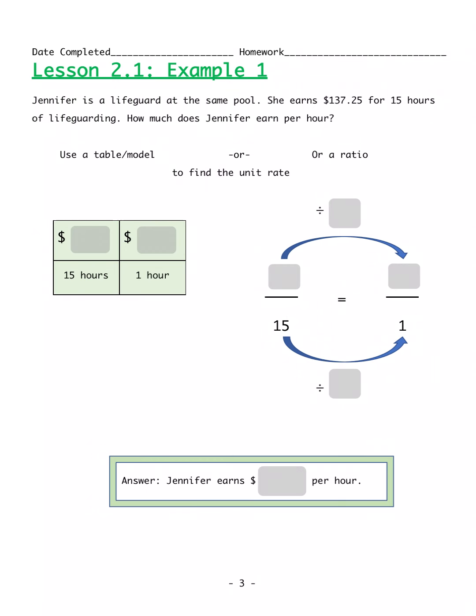Well, how do I get from 15 to 1? You're going to divide by 15. 15 divided by 15 is 1. So I'm going to put my 137.25 here because in 15 hours she earned $137.25. Now, if I divided 15 by 15 to get 1 hour, I'm going to divide that 137.25 by 15.